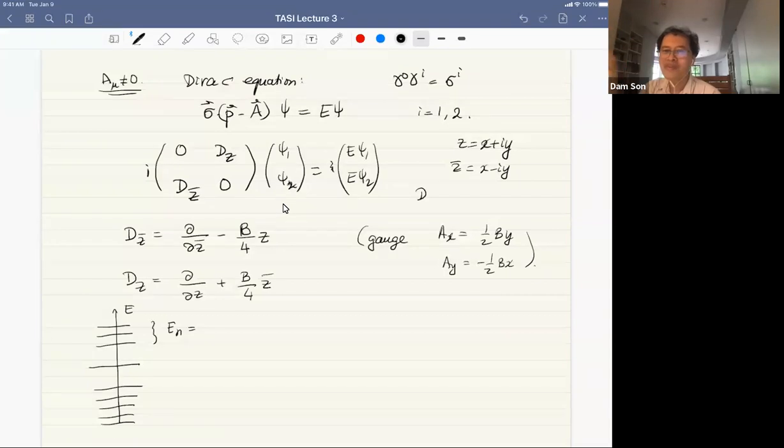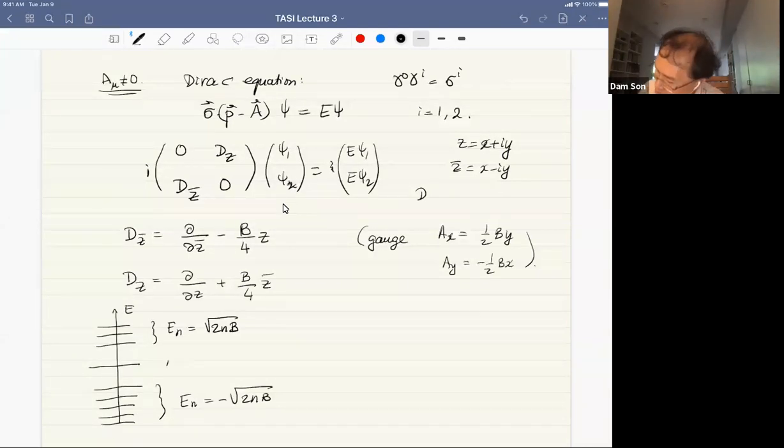If you have a particle in a magnetic field, it will move classically in a circular orbit. Circular closed orbit means that the energy level is discrete. So we find E_n equals plus or minus square root of 2nB. The Dirac equation always has negative energy eigenstates. The Dirac sea now becomes discrete.